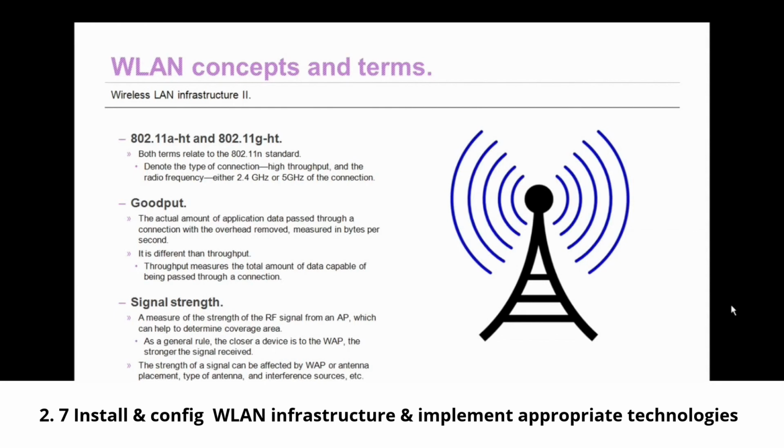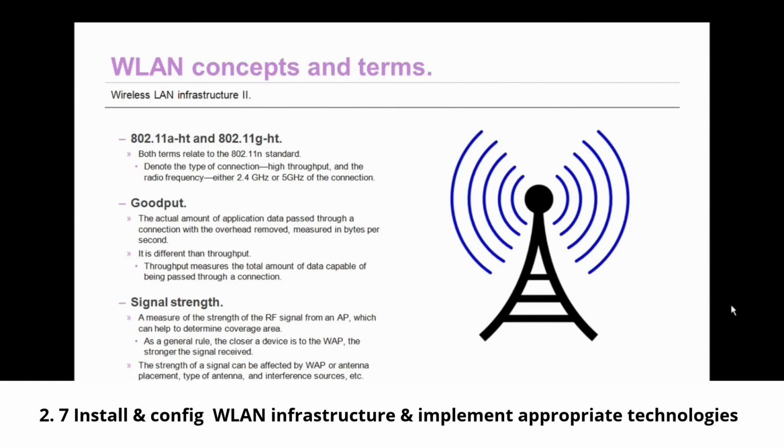Then there's Goodput. Goodput is the actual amount of application data passed through a connection with the overhead removed. It's measured in bytes per second. It is different than throughput. Throughput measures the total amount of data capable of being passed through a connection, so it includes network overhead.